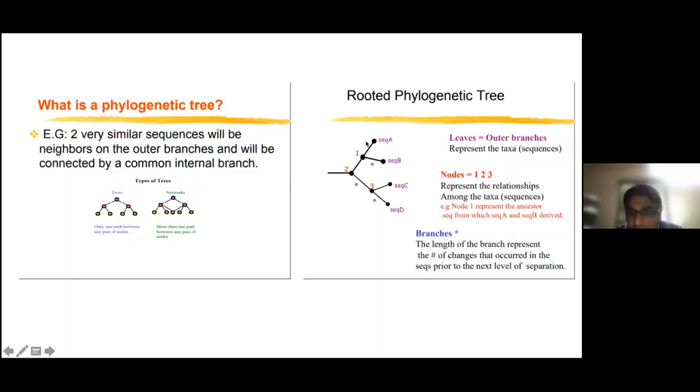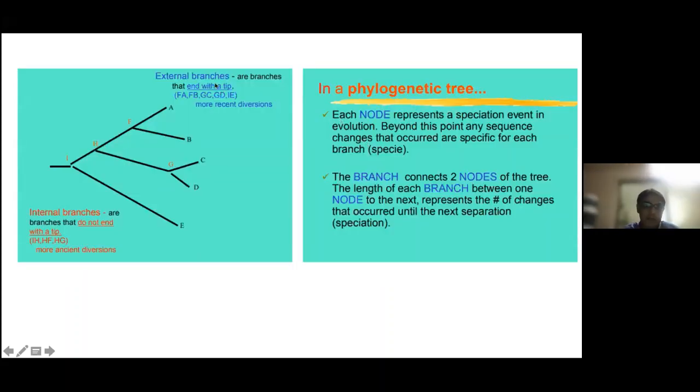So these are the external branches and the internal branches. We can define them. For example, the external branches are F-A, F-B, G-C, G-D, and the internal branches are H-F, H-G, I-H. Each node, for example node F and node G, represents a speciation event, when two species diverge from each other. The branch connects two nodes of the tree.